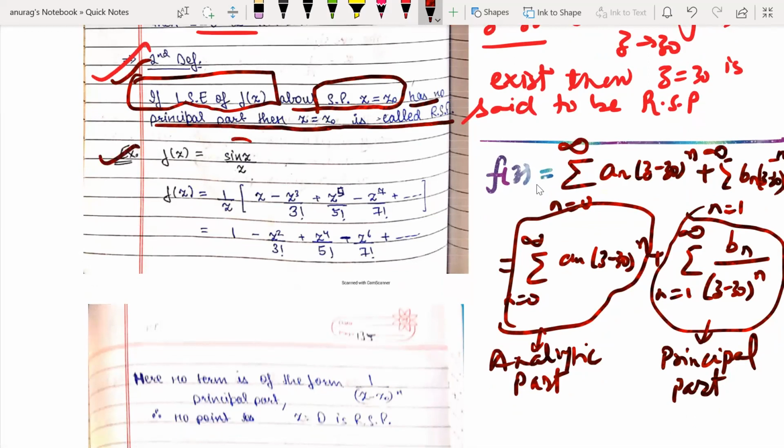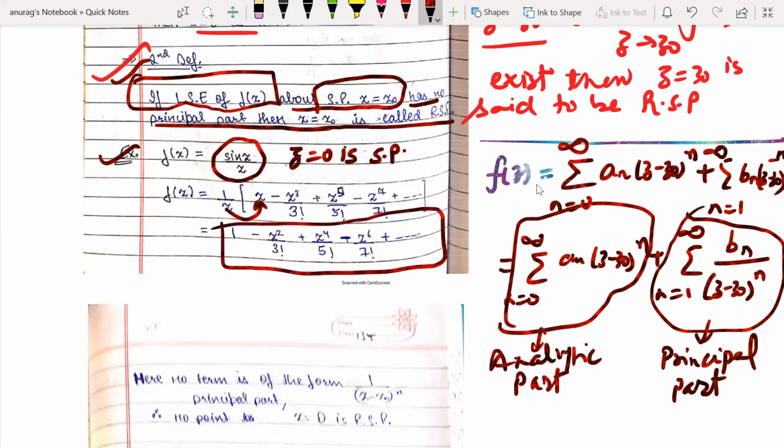Let's check. For f(z) equal to sin z by z, z equal to 0 is a singular point. You can observe that at z equal to 0, function is not defined. Now, if you expand about z equal to 0 using the Maclaurin series or Taylor series of sin z, the expansion is z minus z cube by factorial 3 plus z to the power 5 by factorial 5 and so on. Multiply 1 by z inside. All the powers are positive. If all the powers are positive or contain a constant term, if n equal to 0, we can write a naught plus a1 (z minus z naught) to the power 1 plus so on.